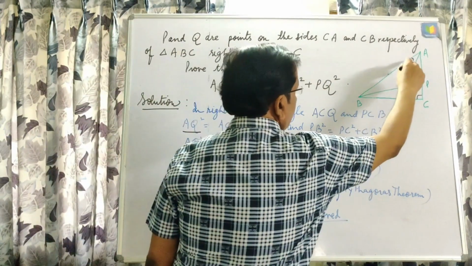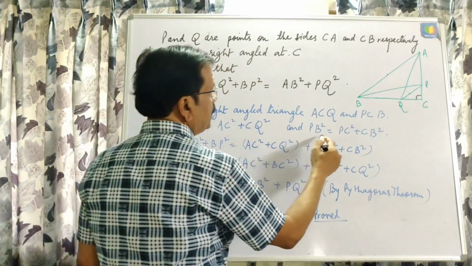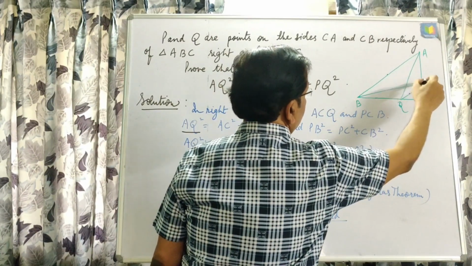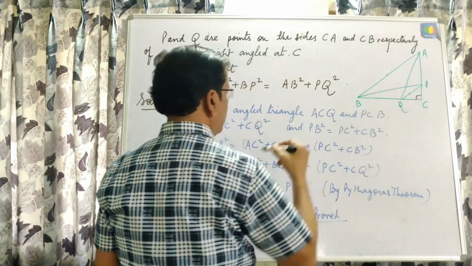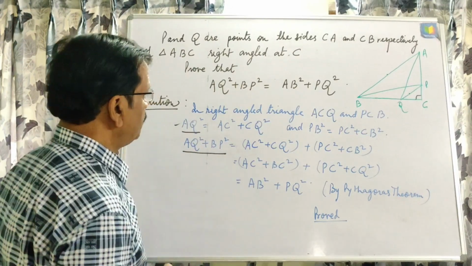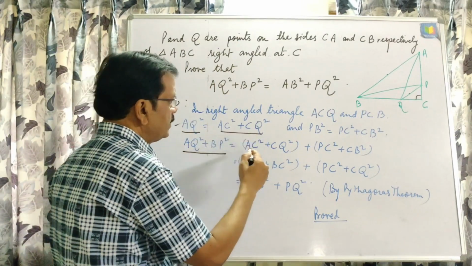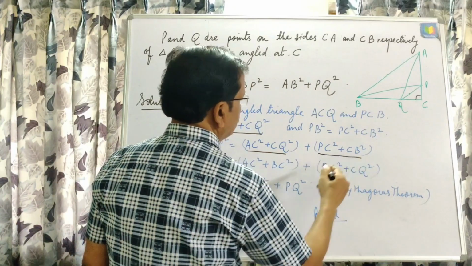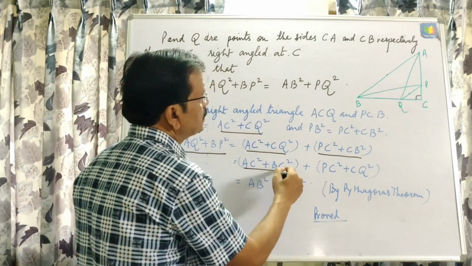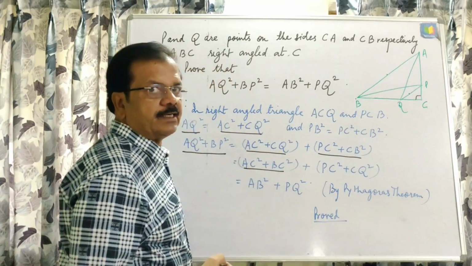So AQ square is equal to AC square plus CQ square, and PB square is equal to PC square plus CB square. Now AQ square plus BP square, PB square or BP square, same way. Now adding these two, we are getting AC square plus CQ square plus PC square plus CB square, or rearranging, AC square plus BC square, so in place of that we can write AB square.